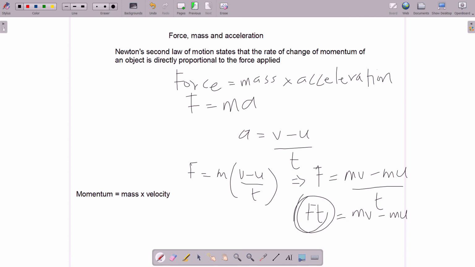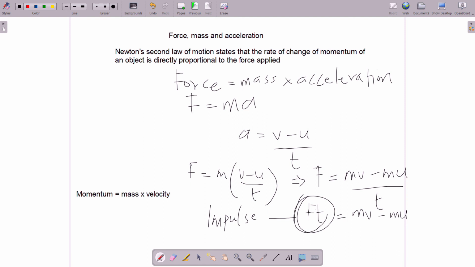This part of the equation, F times t, is referred to as impulse. So please keep it in mind, impulse is equal to the difference in momentum, because Ft is equal to mv minus mu. From Newton's second law of motion, we know that the rate of change of momentum, which is mv minus mu over t, is equal to the force applied.